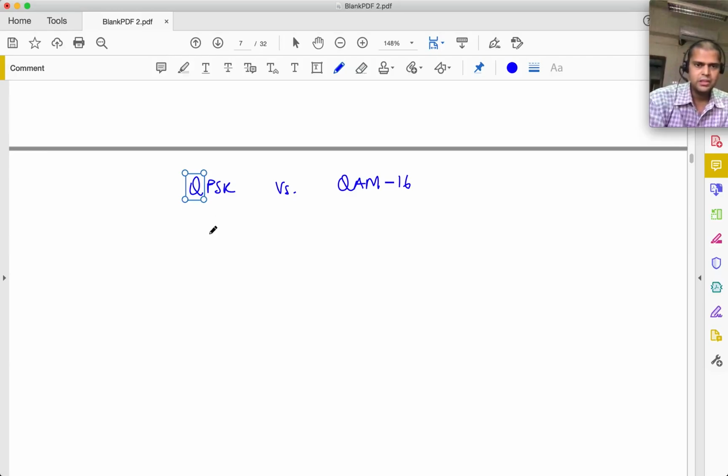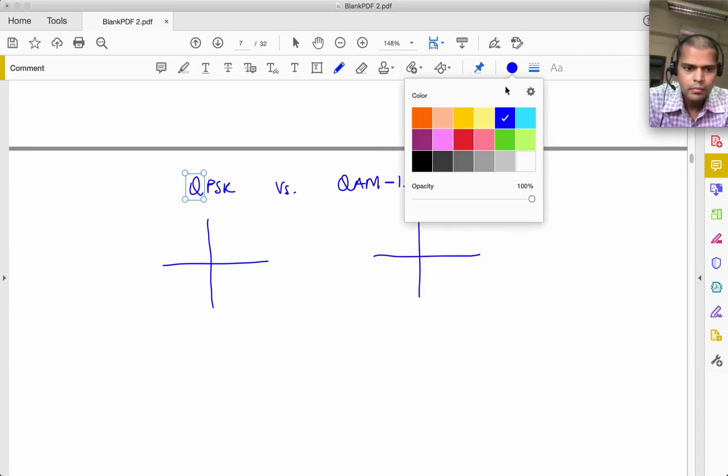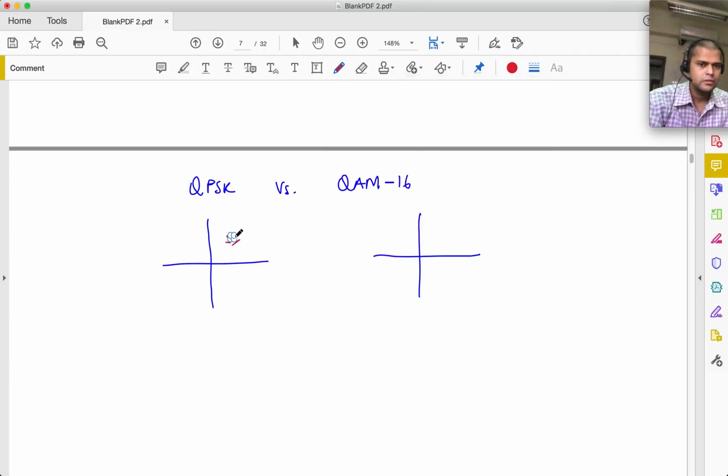So what is the received constellation going to look like? So in both these cases, the received constellation is going to look something like this. Okay, so if I'm sending any one of these, then the received signal might look something like this.